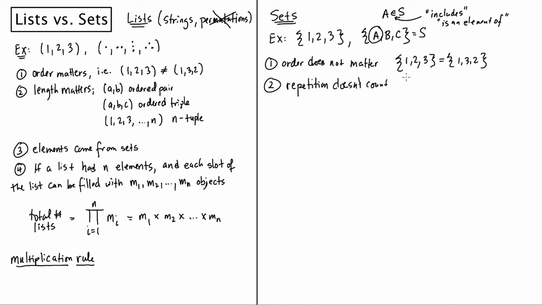What I mean by that is the set {1, 1, 2} is the same as the set {1, 2}, because all a set cares about is what the elements are, not how many of them there are and in what order. The set {1, 2} contains the elements 1 and 2. The set {1, 1, 2} contains the elements 1 and 2. Therefore, they are the same set because they contain the same elements.